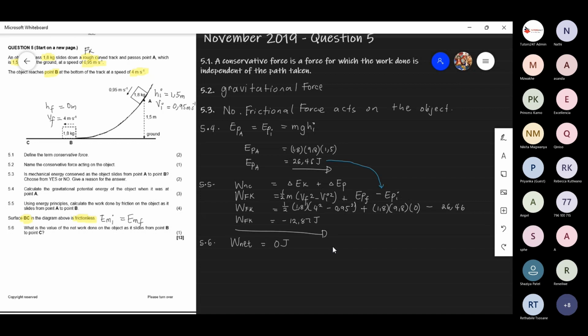The only force that we take into consideration is work done by frictional force, because that is a non-conservative force, and we do not have applied force in this particular question. If there was applied force, we would have said work done by applied force plus work done by frictional force. Does it make sense? Yes.